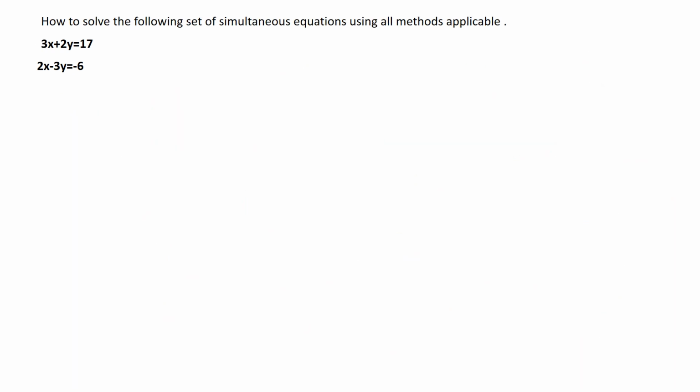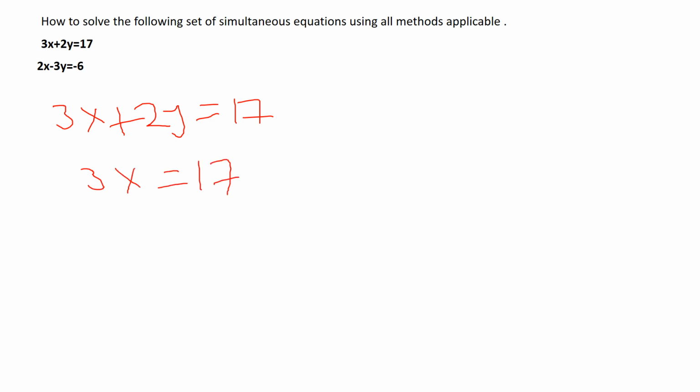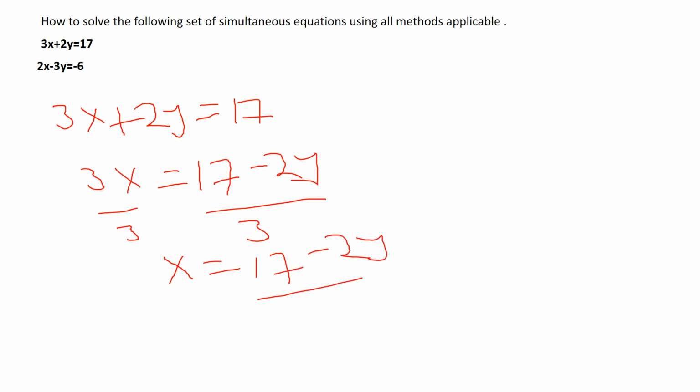In substitution, we take the first equation, 3x plus 2y equals 17. We take 2y to the other side so that 3x equals 17 minus 2y, and then make x the subject of the formula by dividing by 3. So x equals (17 minus 2y) divided by 3.